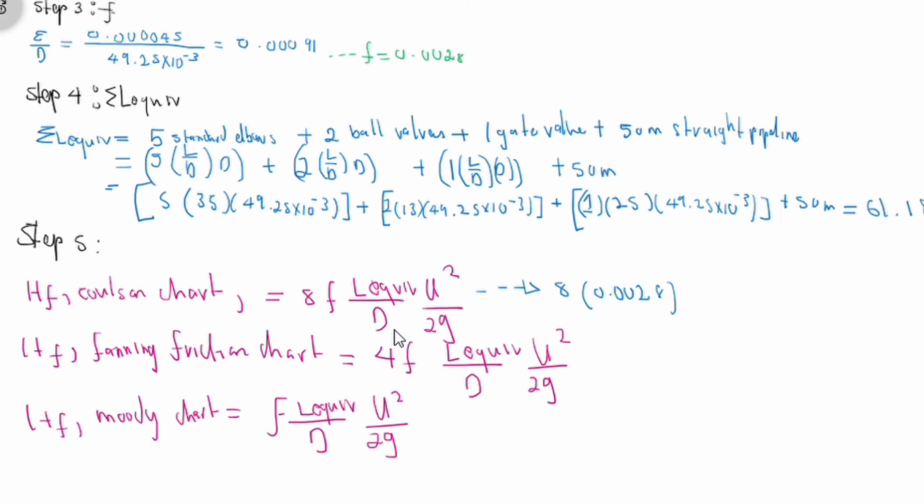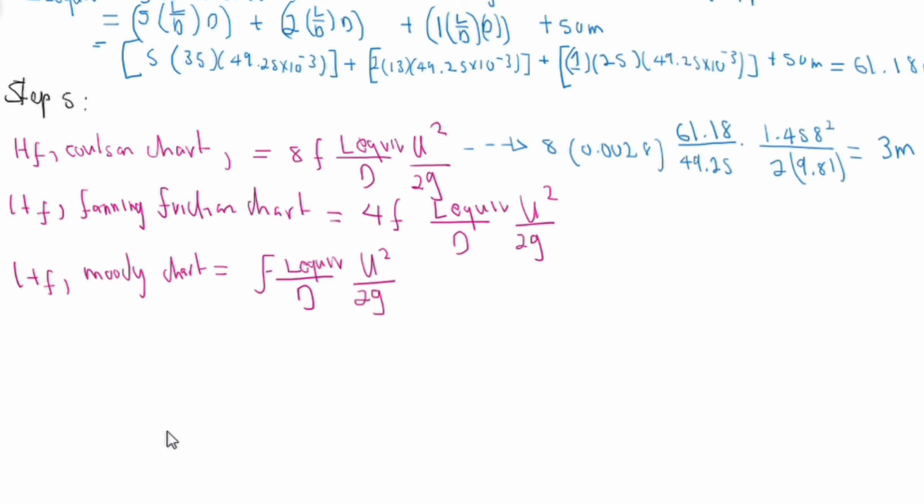Therefore, the length is 61.18 over a diameter of 49.25 millimeters. We have a speed of 1.458 meters per second, all over 2 times gravitational acceleration, which is 9.81. And this should give you 3 meters.